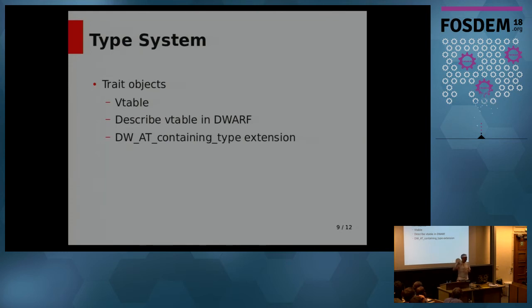This is another area where we should add a new tag, but it knows it's a trait object. It extracts the virtual table. It finds the virtual table somewhere in the debug info, and then it has this concrete virtual table that has a link to the containing type. And so now GDB knows this other slot in the trait object points to that type. And so you can say print my trait object and get the correct answer.